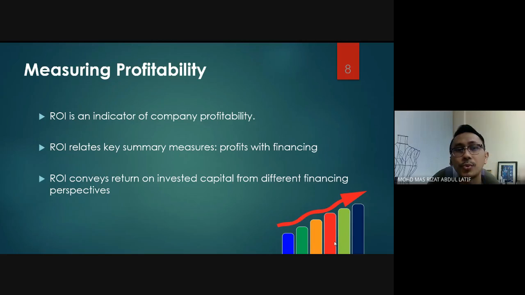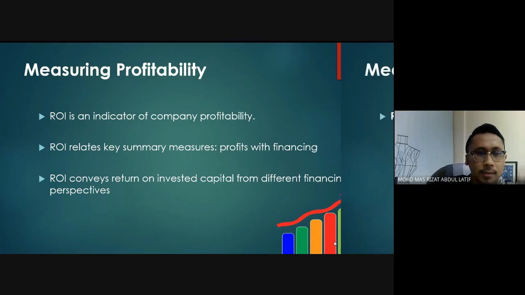So some users or some business analysts, they don't look at profit margin only, they look more at profitability. Some look at profitability only, might not be good enough, just looking at the net profit margin or GP margin. So if they want more, then they will go beyond that, which is ROI or return on invested capital. Okay, so that will be the second application of ROI.